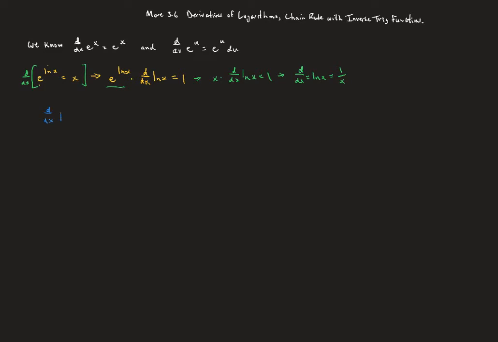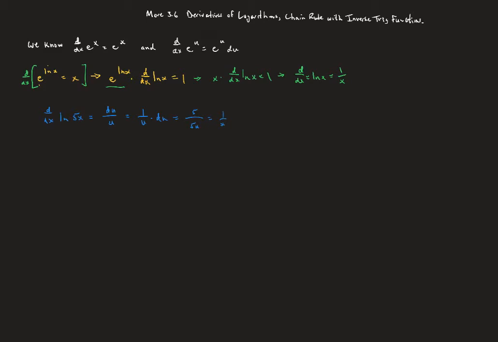So the derivative of, say, natural log of 5x is going to be, we're going to call this du over u, or you can think of it as 1 over u times du, either way. So that means we're going to get 1 over u, we'll get that 5x, and then times the derivative of 5x, which is 5, and isn't that interesting that it turns out to be exactly the same thing?